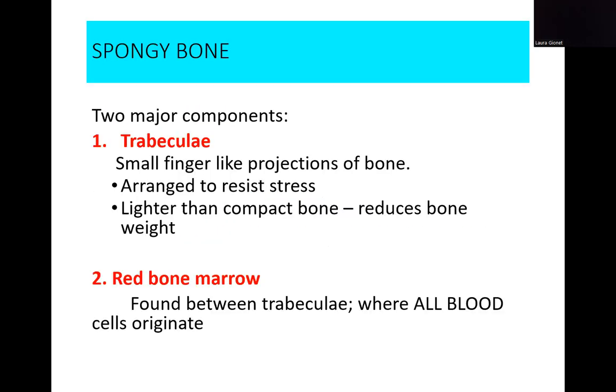All right, so we're going to go to spongy bone. Now, spongy bone is found elsewhere. Spongy bone is found in flat bones. It is found in what's called the epiphyses of long bones. So long bones are very abundant in our body. And we're going to look at that because you have regions of the bone. The middle area is called the shaft or the diaphysis, and the ends of bone, which are the knobby parts that essentially connect one bone to another.